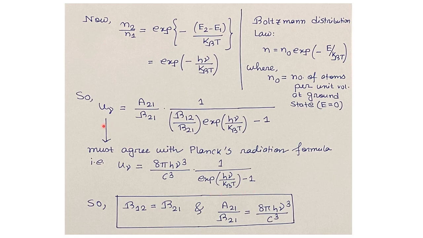The relation we have obtained for the case of laser must agree with Planck's radiation formula. By comparing these two equations, we get B12 equals B21 and A21 divided by B21 equals 8 pi h nu cubed divided by c cubed. These are known as the relations for Einstein's A and B coefficients.